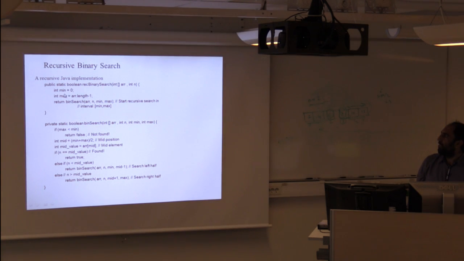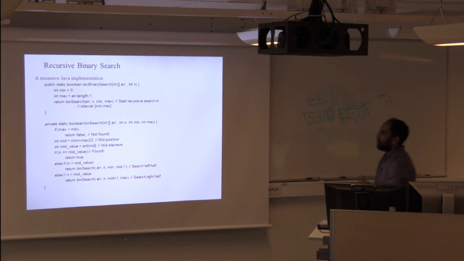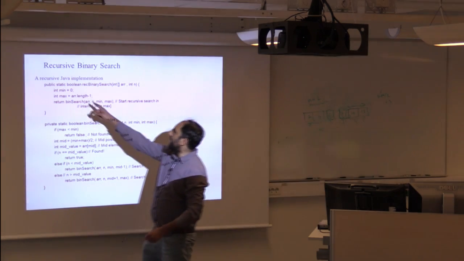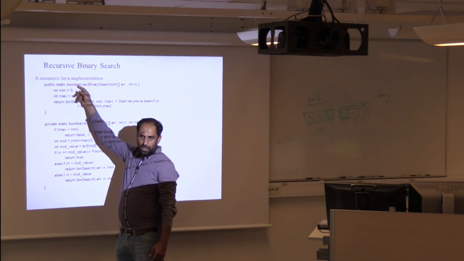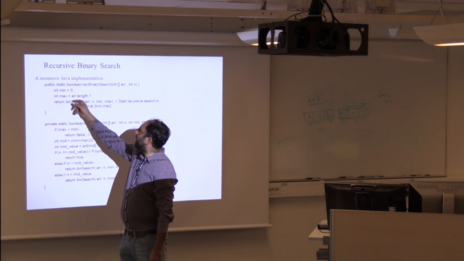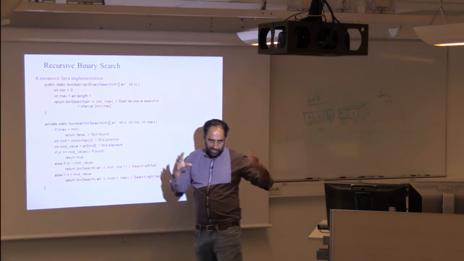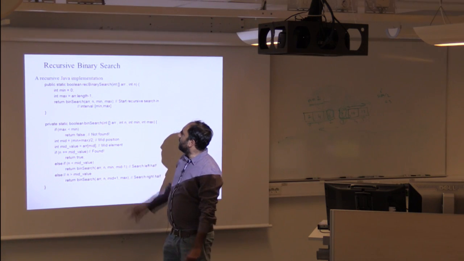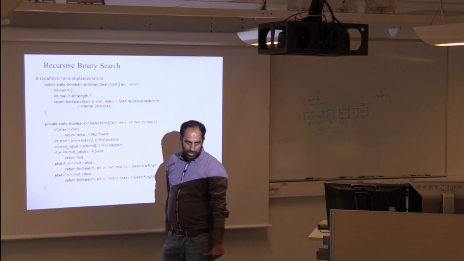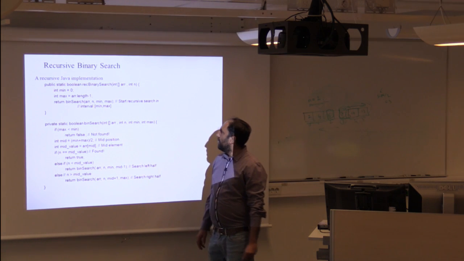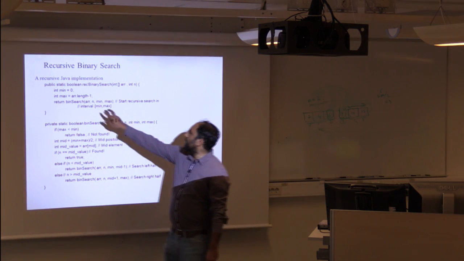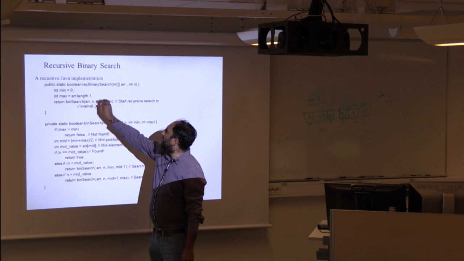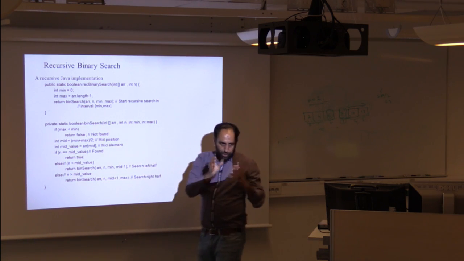Since we are using it recursively, we find the starting index, which should be minimum position 0, and then we find the size, which we can get from array length minus 1. Then we call the binary search function, and we pass the array, the element, and the part of the array that we want to search on.